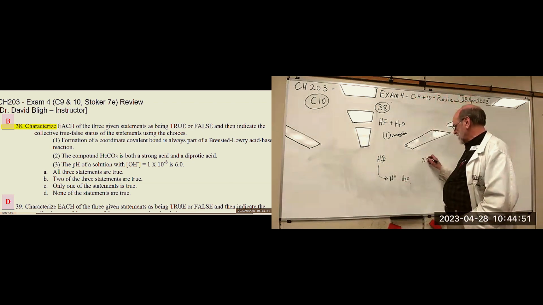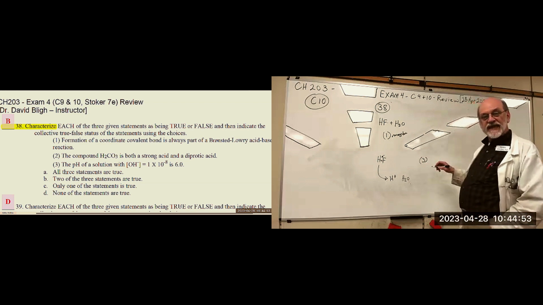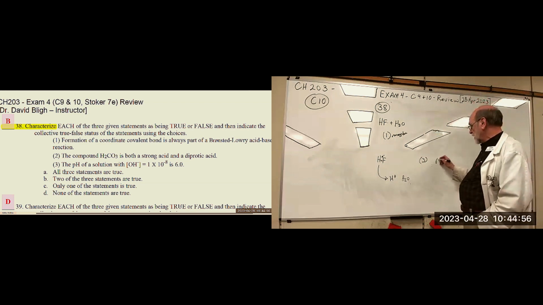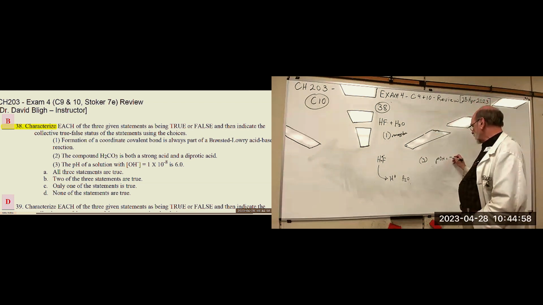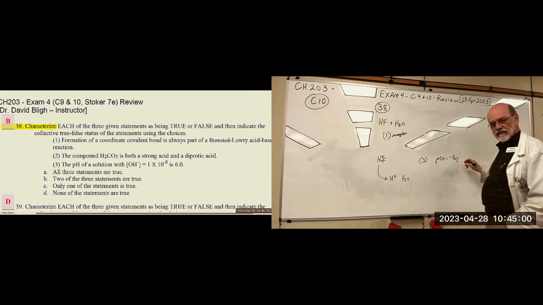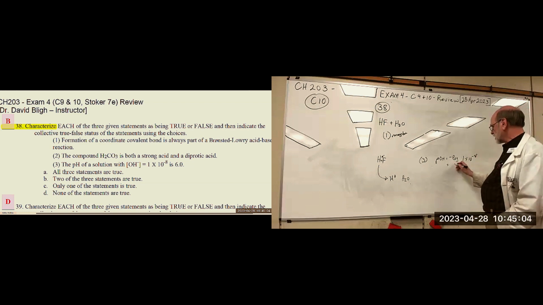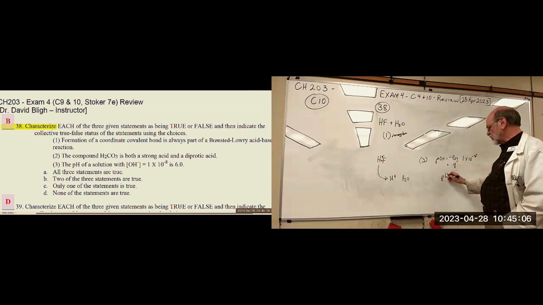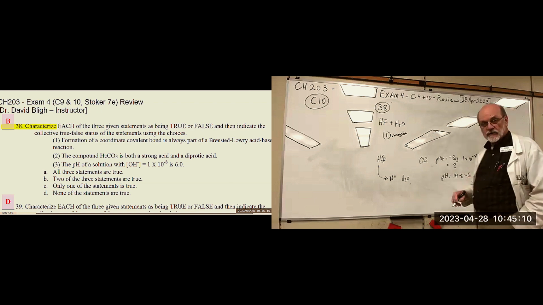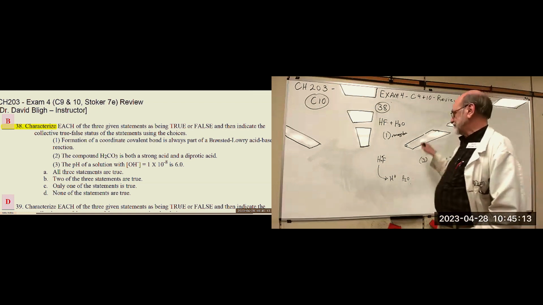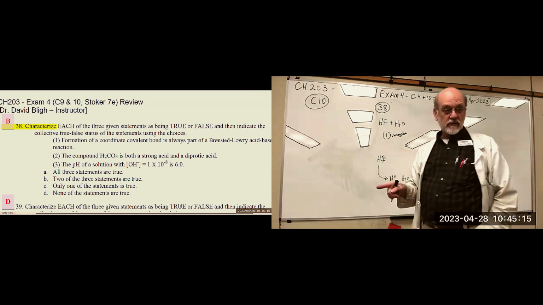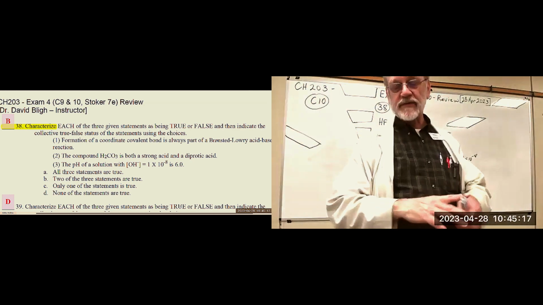So for 3, how do we do that? pOH, let's do that one first. pOH would equal negative log of 1 times 10 to the minus 8, which is equal to 8. So the pH would be 14 minus 8, which is 6. So that's true. So 1 must be true for 2 of the 3 statements to be true.